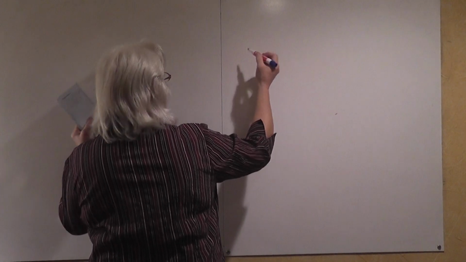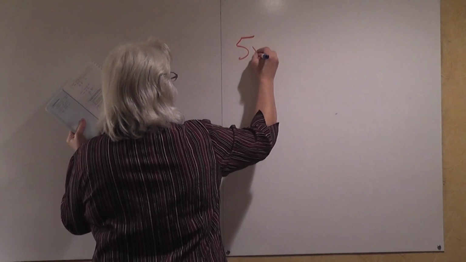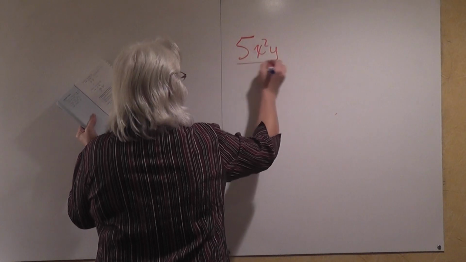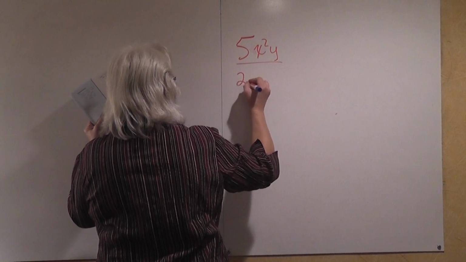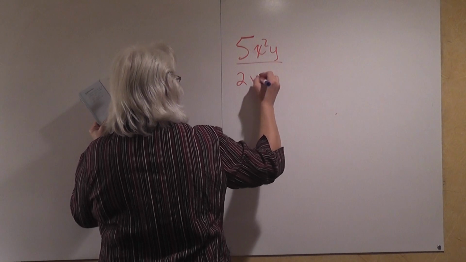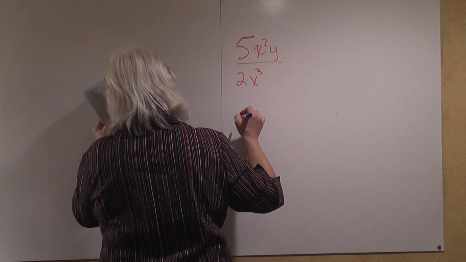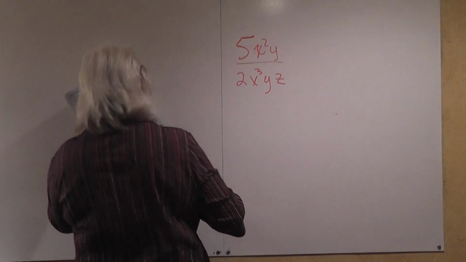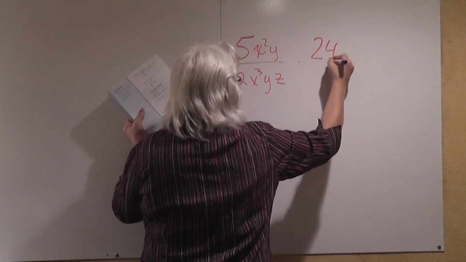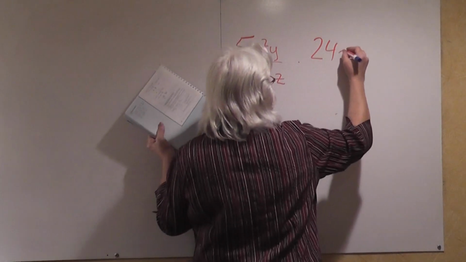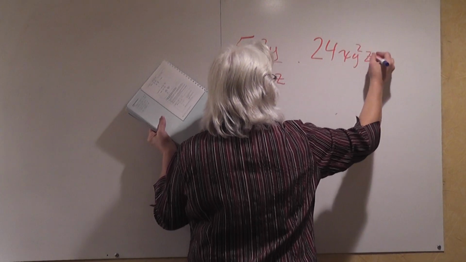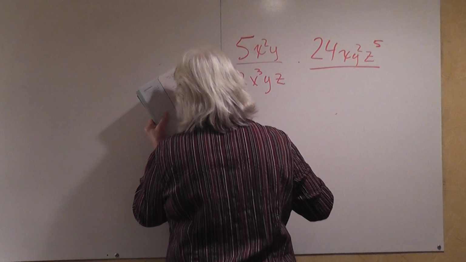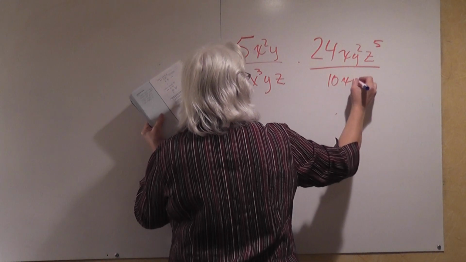It says 5x squared y divided by 2x cubed z, times 24x y squared z to the 5th divided by 10 times x times y.